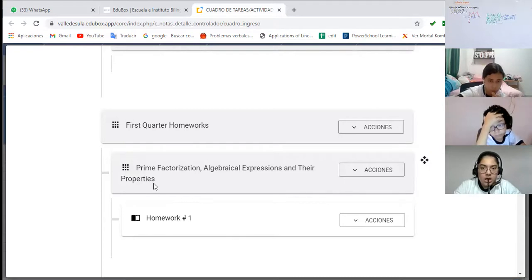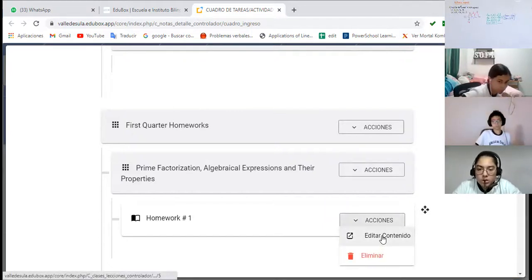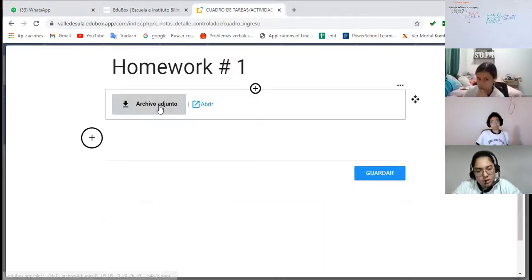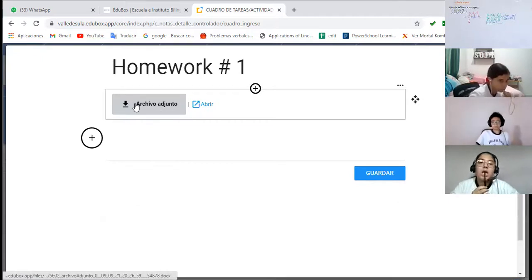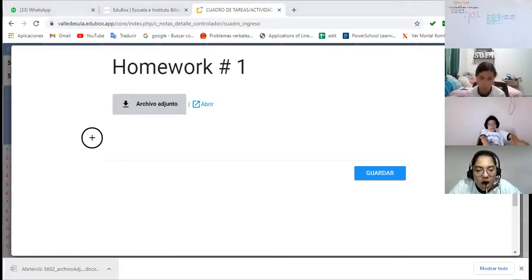In algebraic expressions, you're going to have equations and evaluate them, okay? And you're going to push the button over here in homework number 1. In my case, editar contenido because I'm a teacher, okay? And you're going to see the Microsoft Word file.